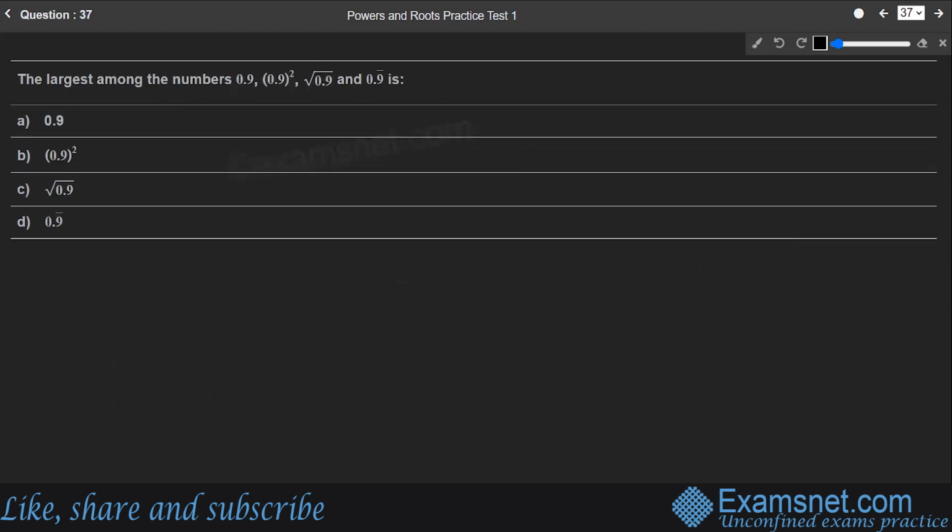Okay, the largest among the numbers: 0.9, 0.9 square, under root 0.9, and 0.9 bar. So let us try to find out. 0.9 square is nothing but, if we do the square of 0.9, that is nothing but 0.81. For under root of 0.9, we have to solve it.